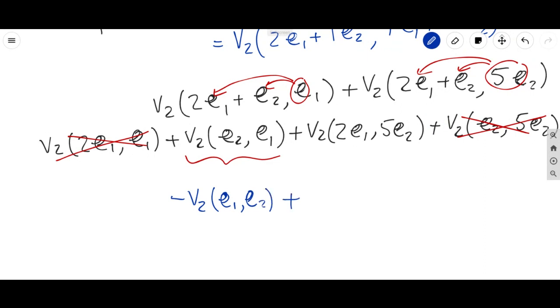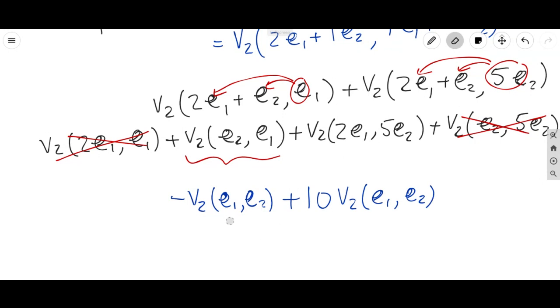And then you have plus, you have 2 and 5. These are constants. You can factor out the 2 and the 5, using the scalar multiple rule. Together, when you factor them out, that will give you 10. So you would have 10 times V2 of E1 comma E2, written in the correct order. So now everything's written in the correct order.